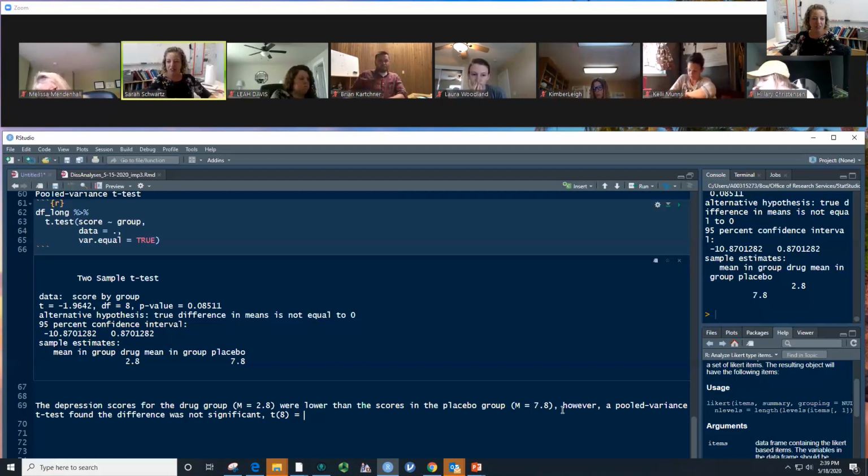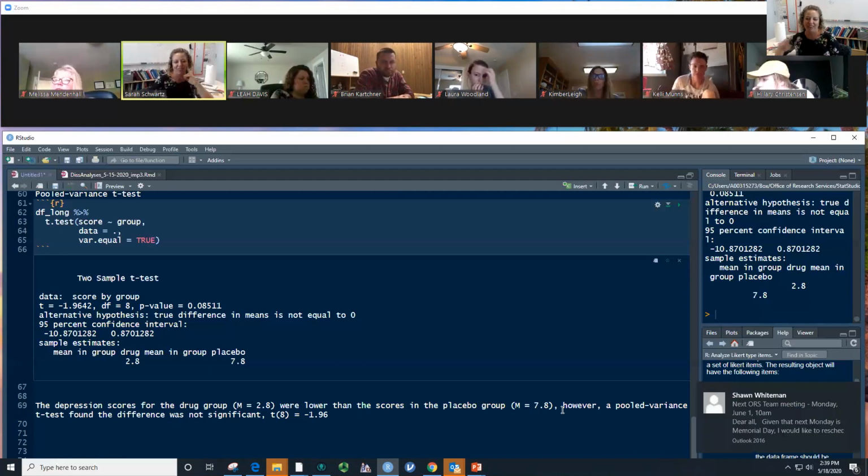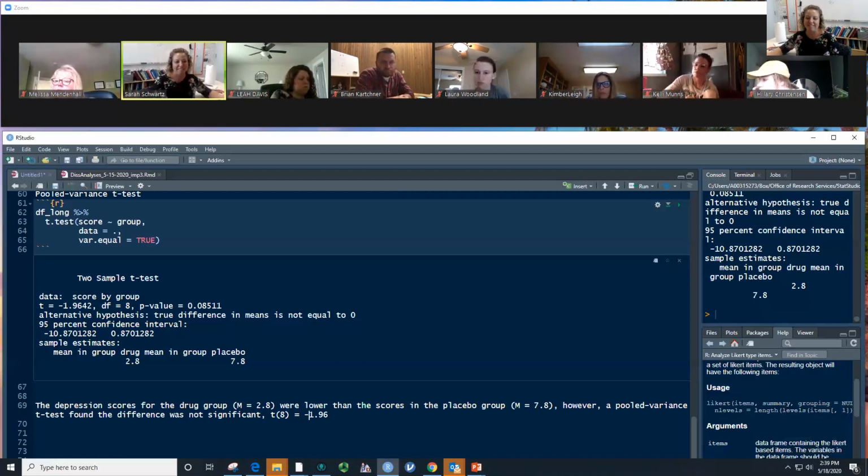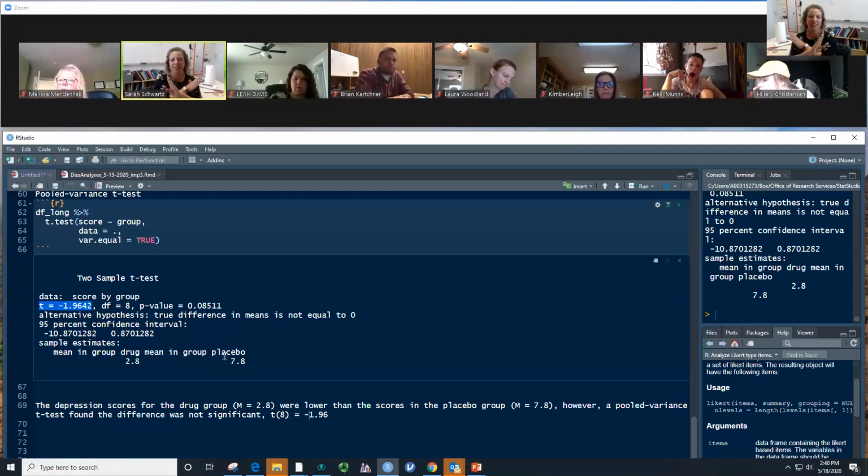That equals 1.96. Now, here's a question. Do we put the negative on it or not? What did our t value come out to be? It's a negative number. But the t value is only negative because of the order that we subtracted in. If we had subtracted in the other order, it would have come out positive.